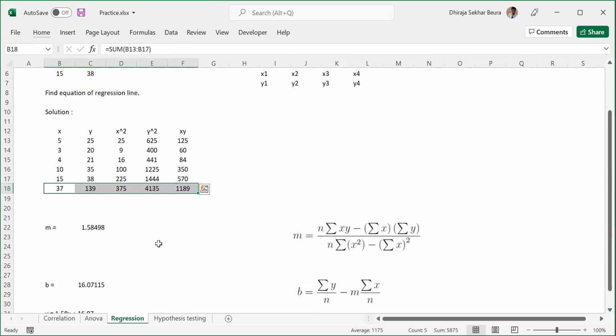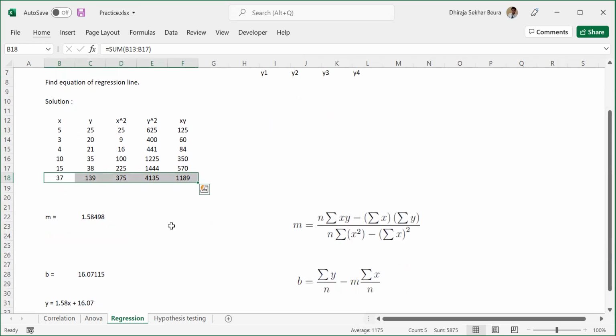Now look at it. How do we calculate the value of m? Let's divide the equation into two parts. One is the numerator and there is the denominator. In the numerator, you take the summation of the last column, that is 1189. You multiply n with it.